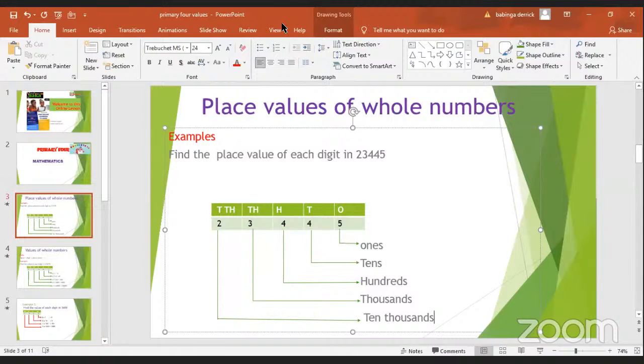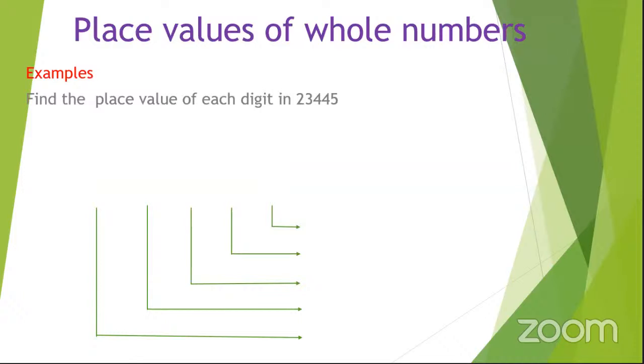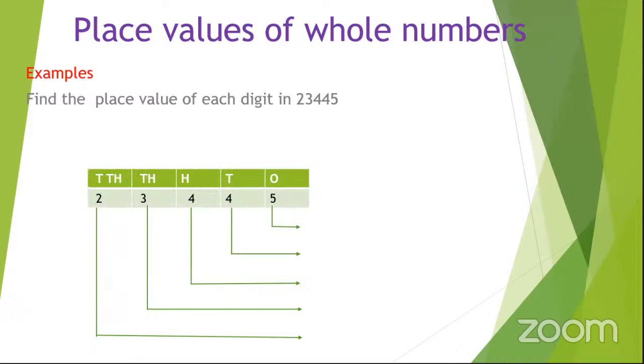Then let us also move to something here, because this is what we've looked at, the place values, and the first step is to draw the place value table. After drawing the place value table, you give each digit its place value.